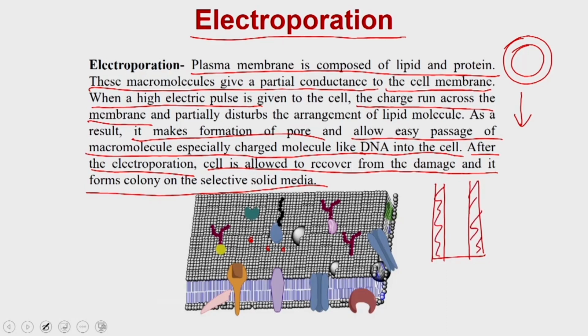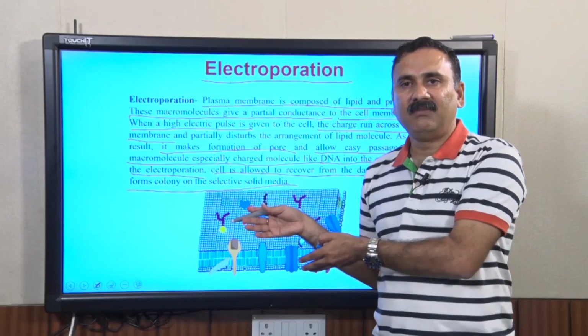You will provide the bacterial cells here between these plates, but the processing of these bacterial cells is going to be different from the processing we have done for competent cells by the chemical method.